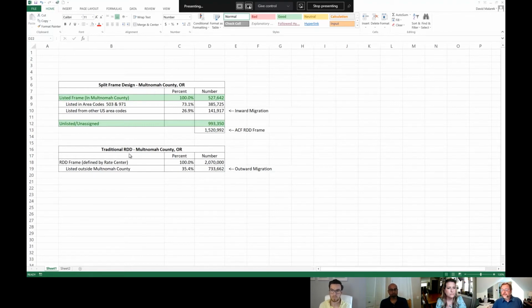And if you look at this, the huge advantage of ACF, probably the biggest advantage of ACF, is how it addresses migration. People who got a cell phone in one part of the country and then moved to another part of the country and kept their cell phone, right? Migration is a huge thing today when you're doing cellular telephone sampling.